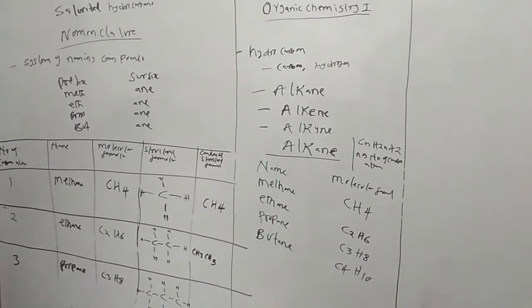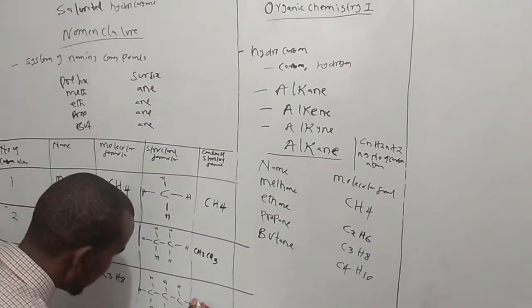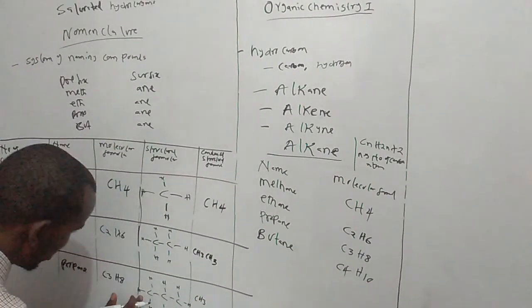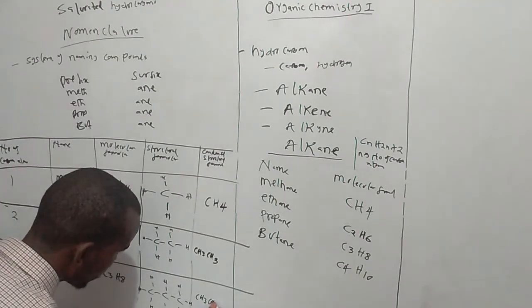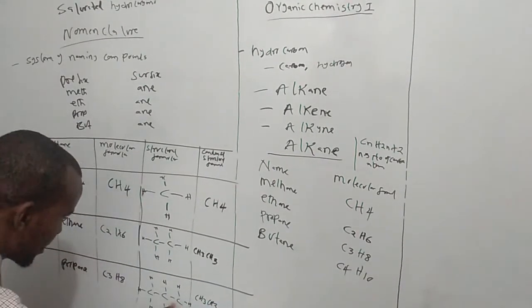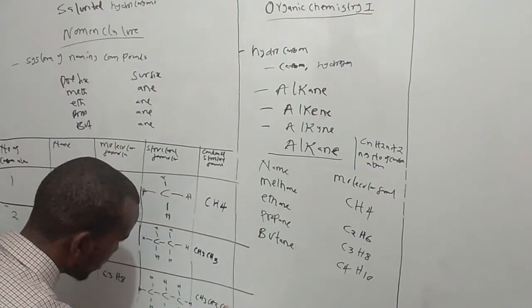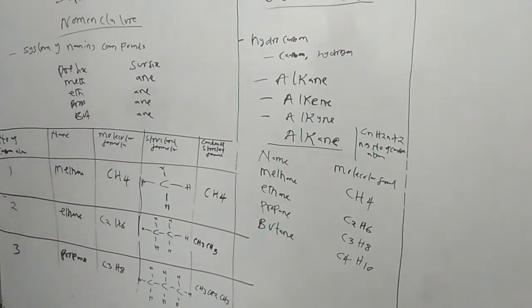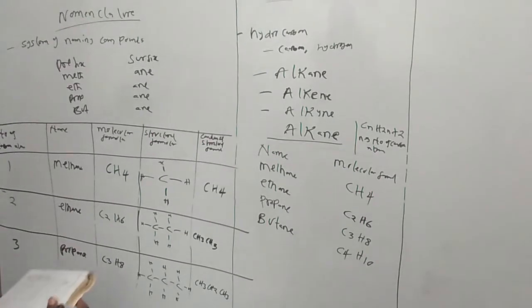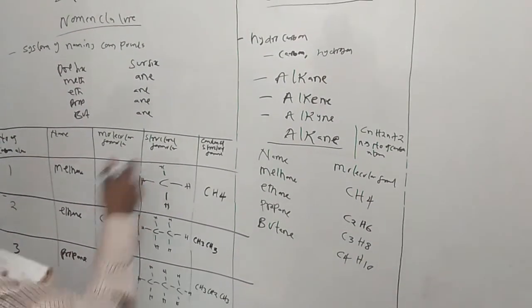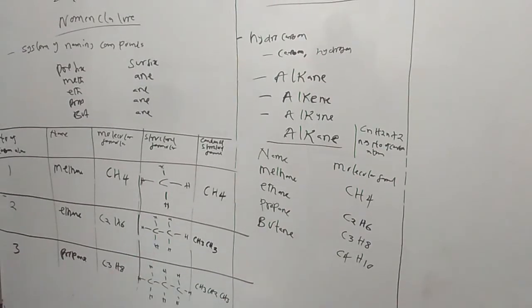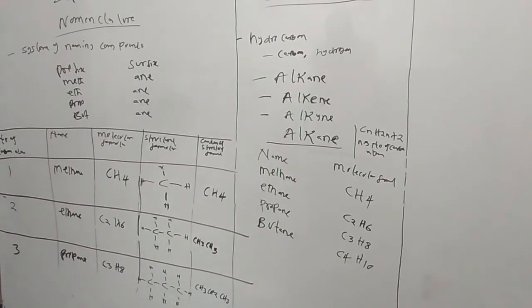So we can condense this structure. We can start with CH3. Since this carbon is bonded by 3 hydrogen, this carbon is bonded by 2, so we can have CH2. Also, this carbon is bonded by 3, so we can have CH3. So we can have the condensed structure, and also the structural formula. I have taken the example of the first 3.